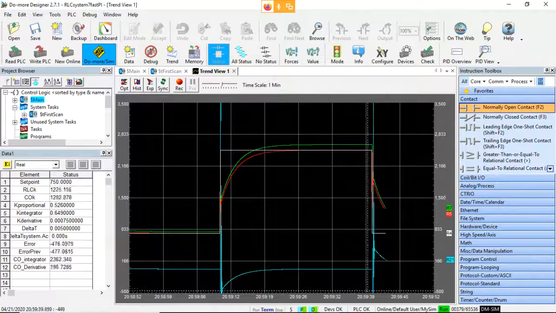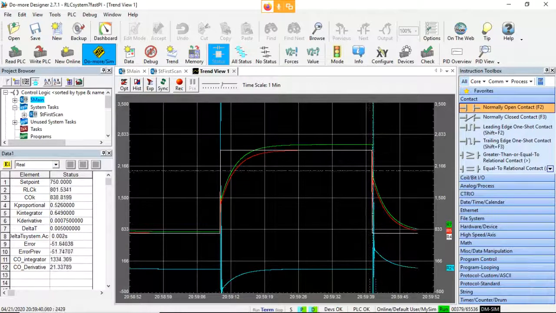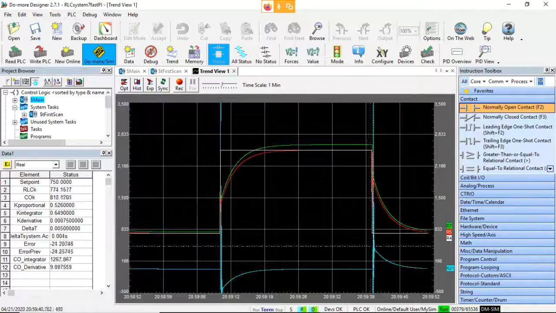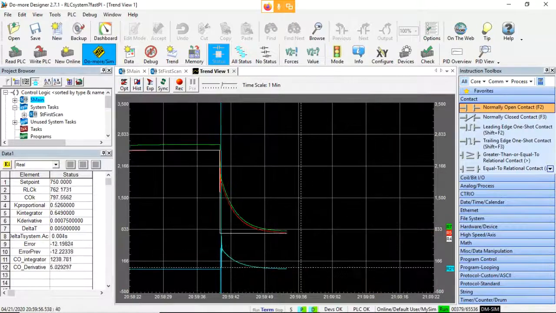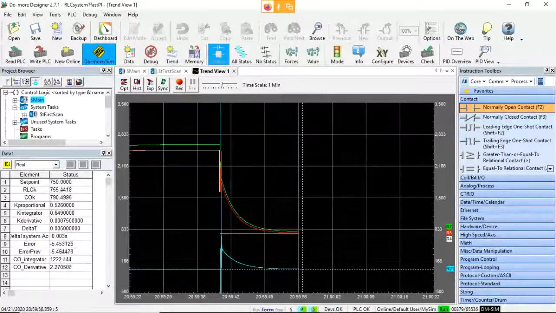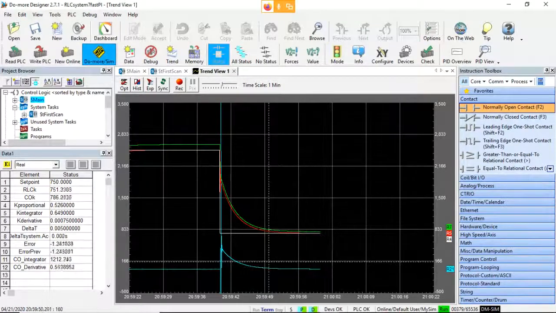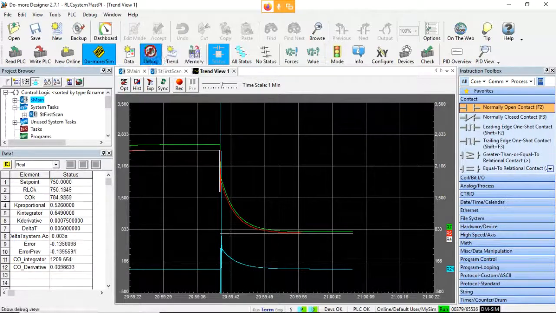You see that? That's down here at minus 500, and it's off the chart. So it's probably going even further because it's such a drastic change right here. But then it settles down and it goes to zero. This is zero right here at the crosshairs. And so that's the derivative piece, and you can see how fast that's changing. All right, so there is the PID controller.